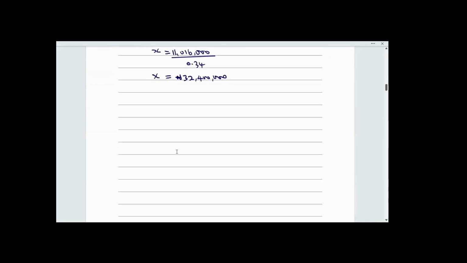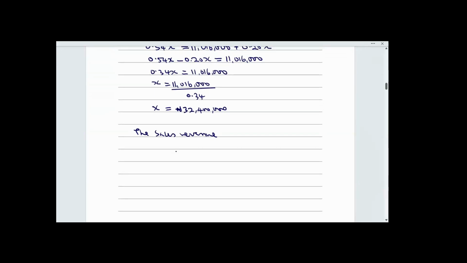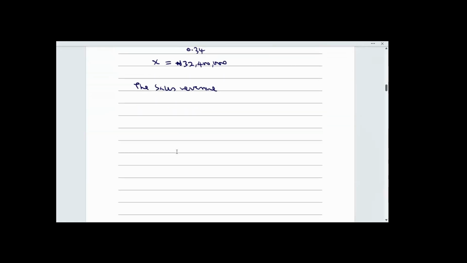So that's that. I would then say the sales revenue, this requirement is supposed to be more than 5 marks because it requires more thinking relative to the A parts.